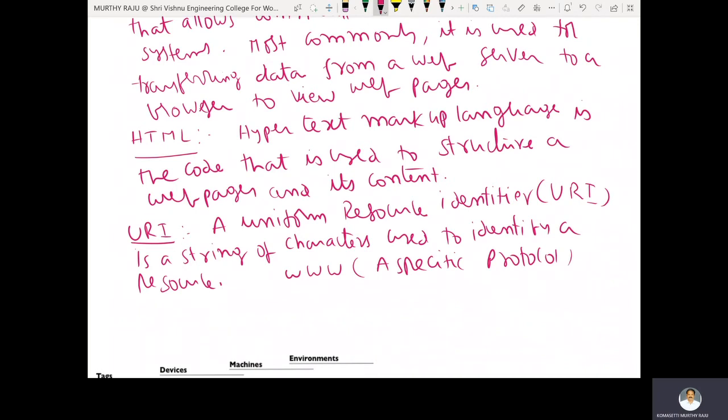Another one is there, WebSockets. WebSockets are also an important one.